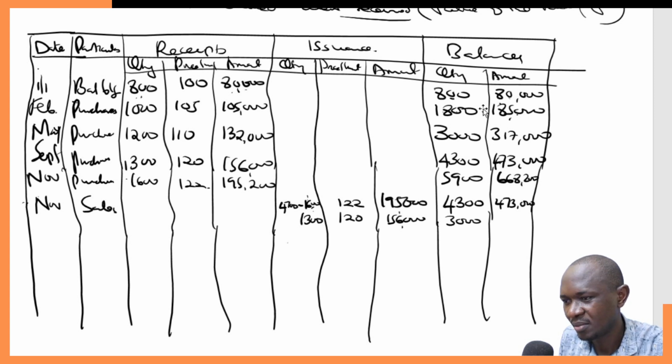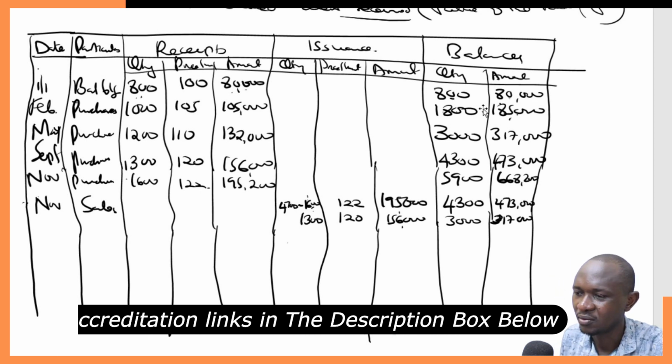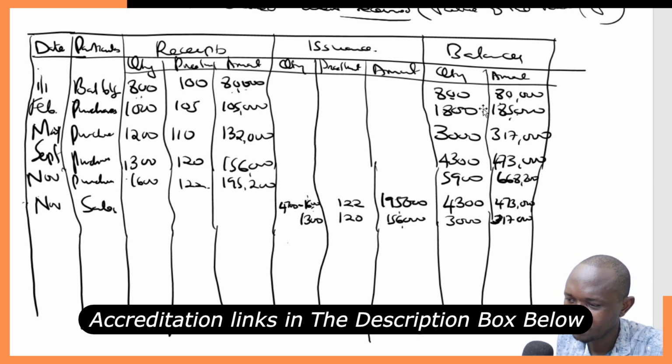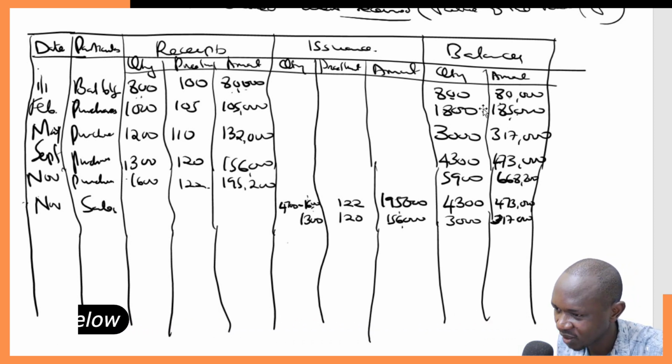Then 473,000 minus 156,000 gives us 317,000. So far, out of the 4,700 that we are supposed to release, we've only released 2,900 from the two most current batches.